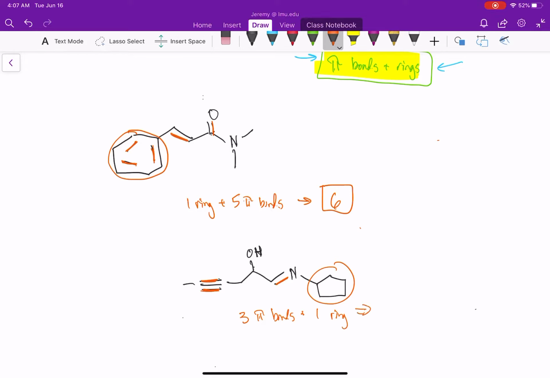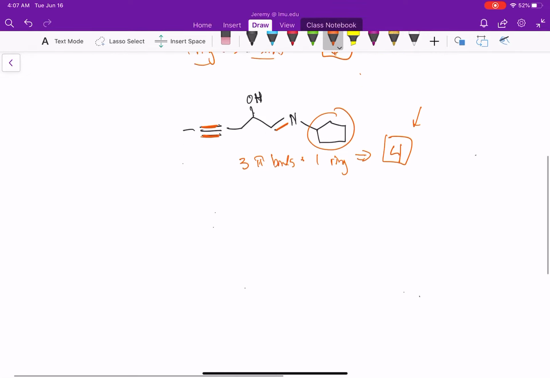That would get you a whole number of 4. So if you're given a structure, you can just count how many rings and pi bonds you have. That's pretty simple, but that's not really how this is done.